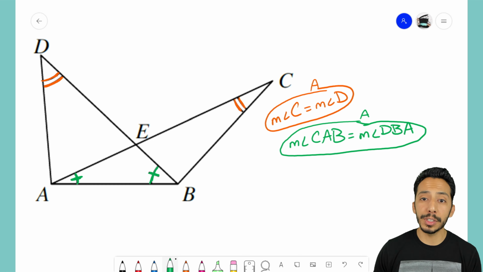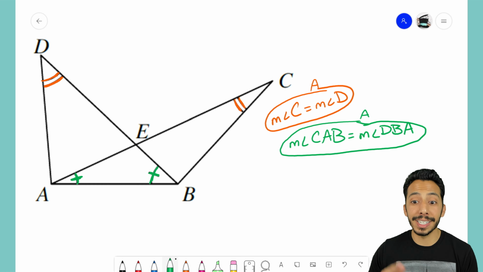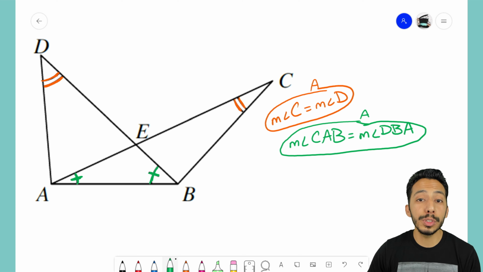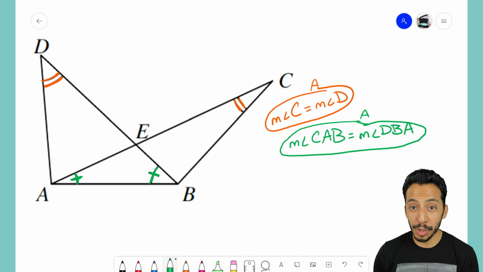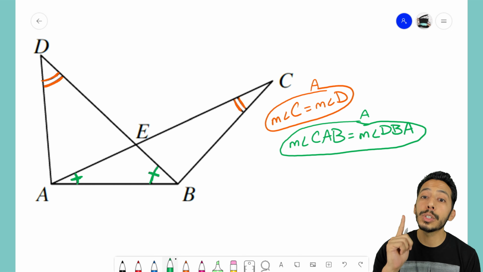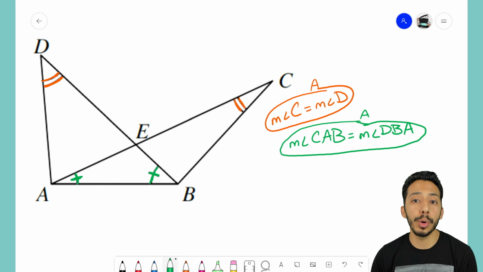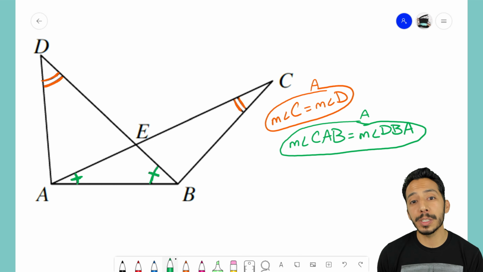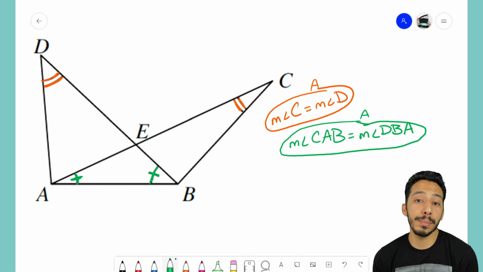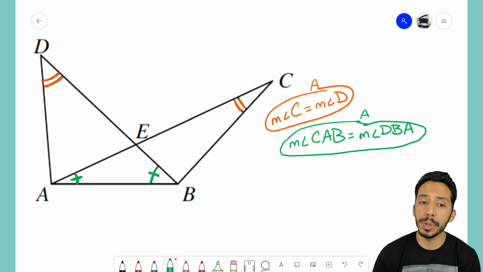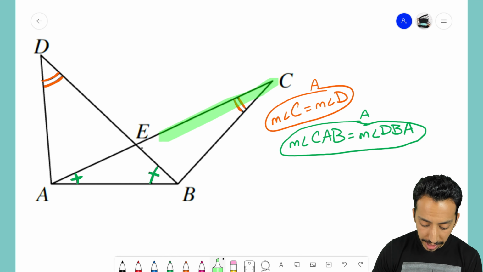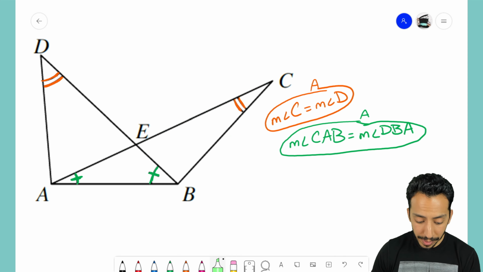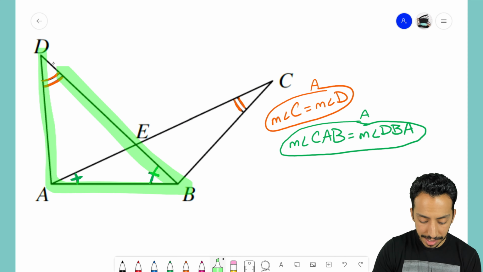So we know that they're similar, right? Remember, similarity, angle, angle. I know that those two triangles are at least similar. Now to prove that they're congruent, I just need one side that's equal on both triangles. We talked about it earlier. I don't really have any markings on any of the sides to help me with that. But don't forget that we have this triangle CAB and this triangle DAB.